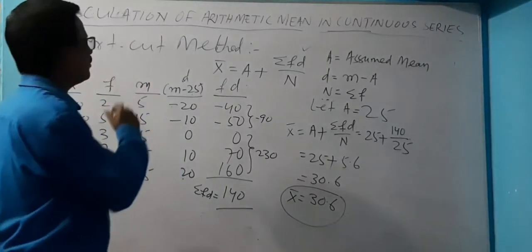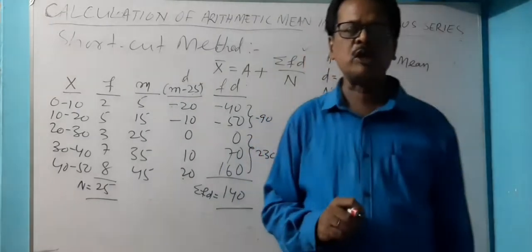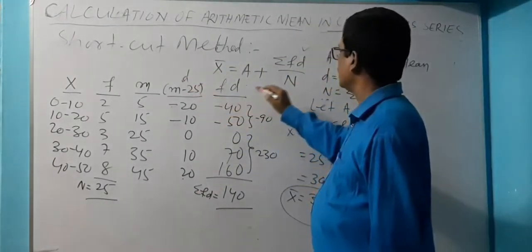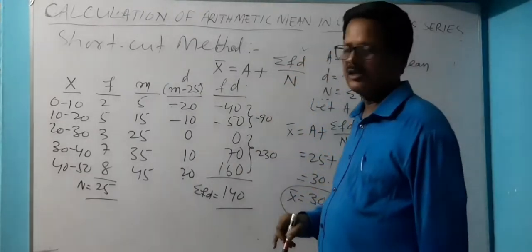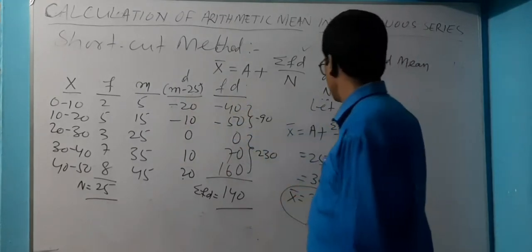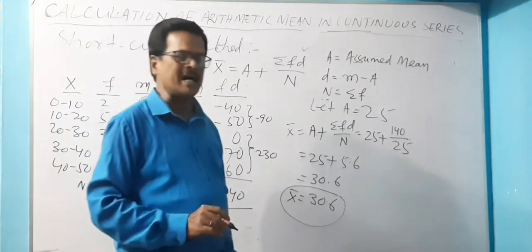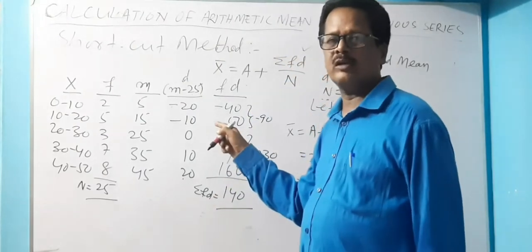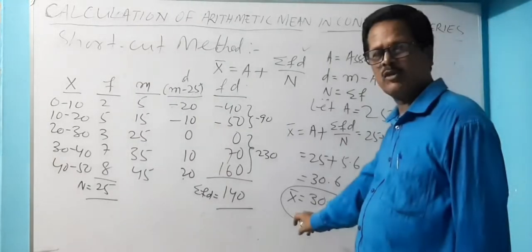By putting the formula X bar is equal to A plus summation FD by N, we have taken these columns and the answer is X bar is 30.6. In the last indirect method also we took the same example and got the same answer, X bar is 30.6.